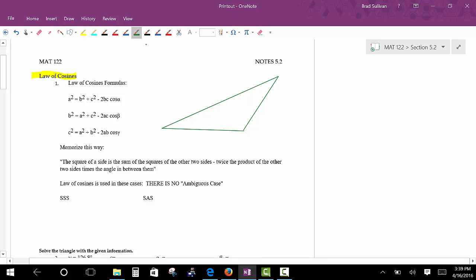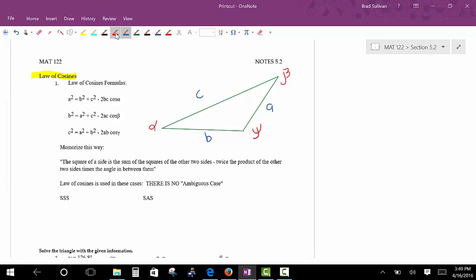So let's start by doing some labels. Let's say that these are angle alpha, beta, and gamma. Of course, that would force the sides to be side A, side B, and side C. If you look at a law of cosines formula, here's how it basically goes.